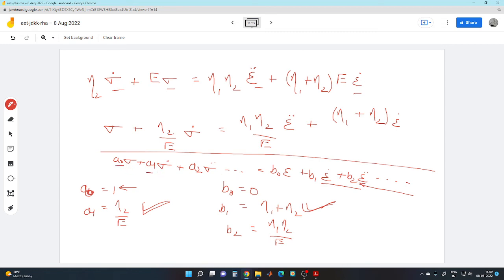If we know A naught, A1, A2, B naught, B1, B2 and so on from this derivation, then we can tune the loss factors eta 1 and eta 2 and the elasticity E, so that it can approximate the original material we want to design for. You are getting the point?